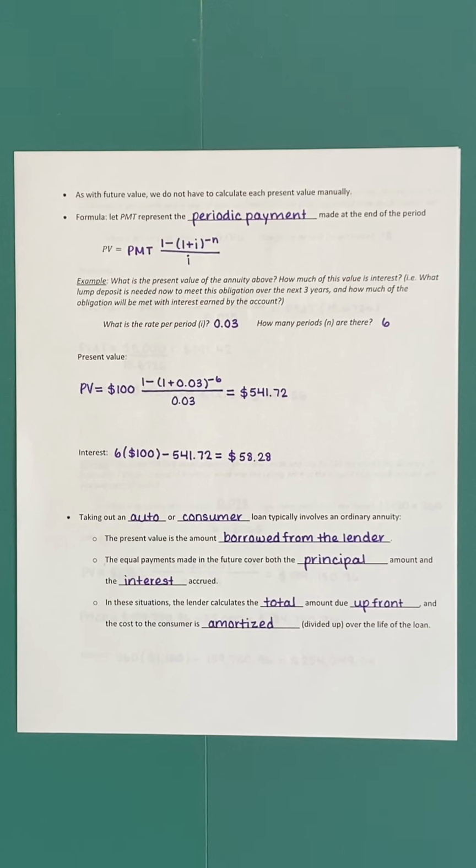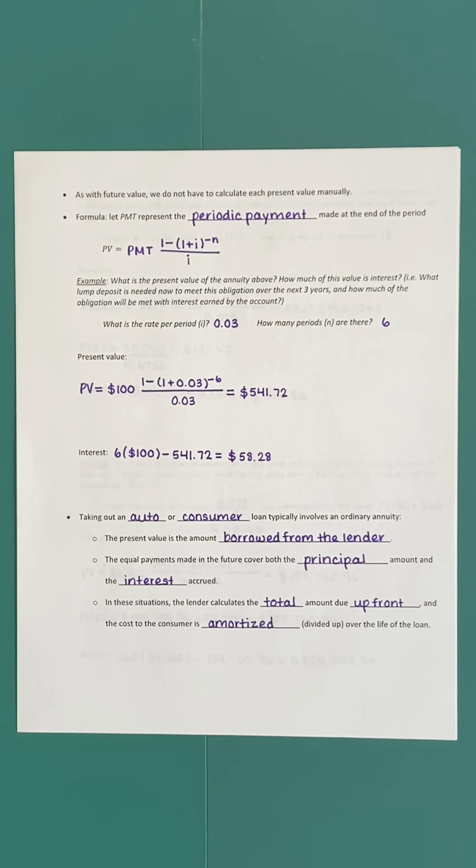Once you accrue the interest, that's going to be the actual total amount for the account. So once you determine how much you're going to have to cover, how much is financed, the equal payments that you make, typically you're going to make annuity payments. They're equal payments made every month, something like that.